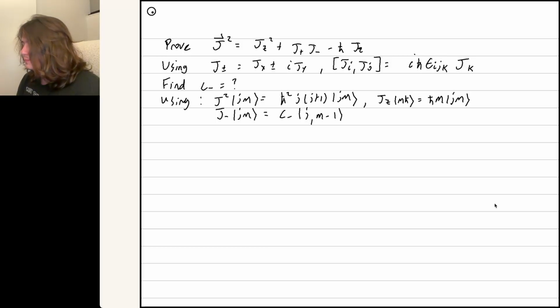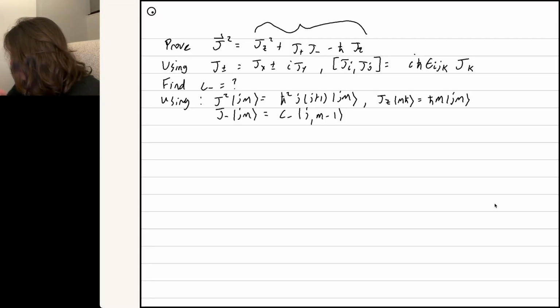We are just proving this relation for the total angular momentum operator j squared is equal to this stuff, using the definition of the ladder operators and the general commutation relation for angular momentum operators.